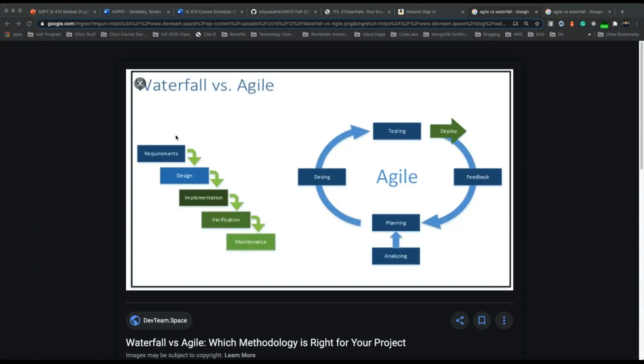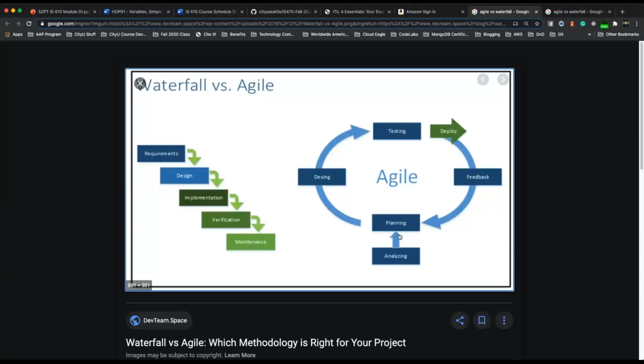So the left-hand side is the waterfall method, and the right-hand side is the agile methodology. Waterfall has requirements, design, implementation, verification, maintenance. For agile, it's basically sprints.